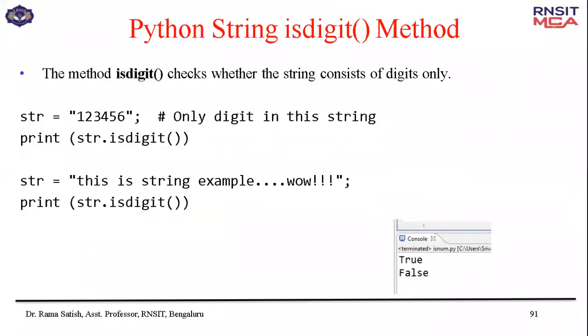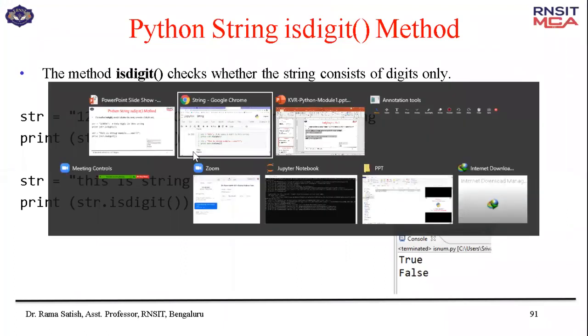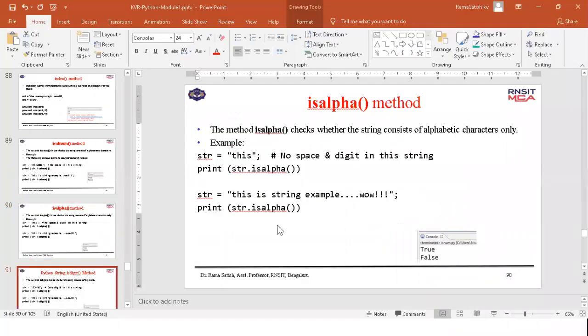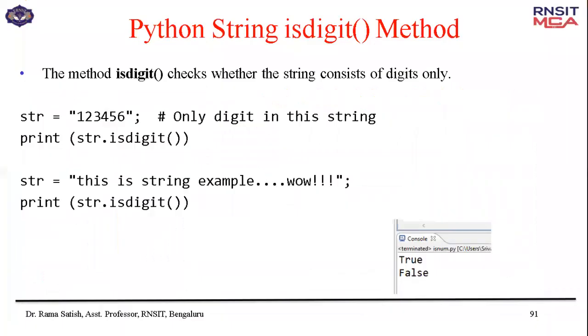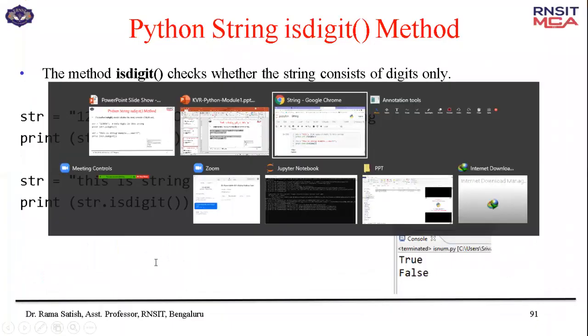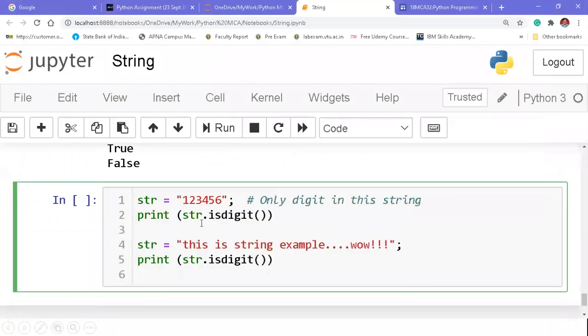And isdigit. It contains only digits. Is it only digits? If it is, yes, in this case also it is a similar way. I can run the same example. You can just see this. Okay, I'll run the same example.